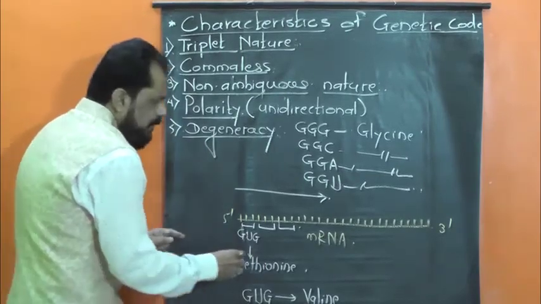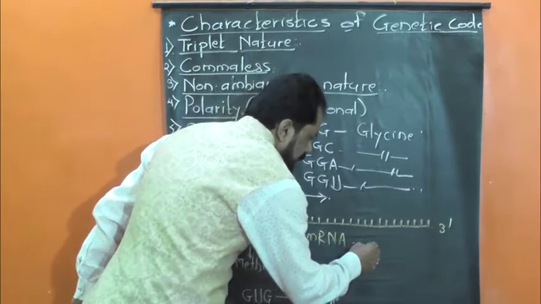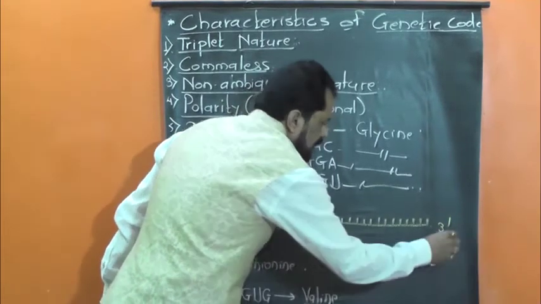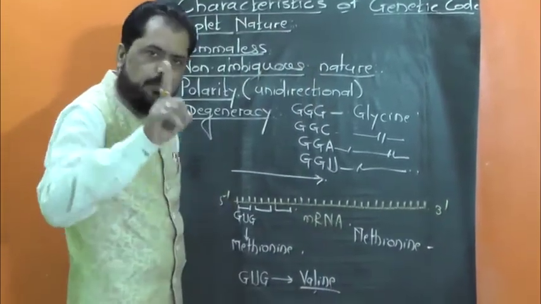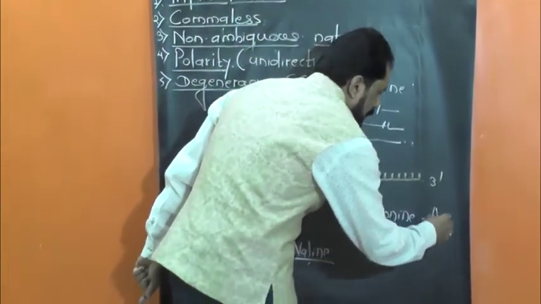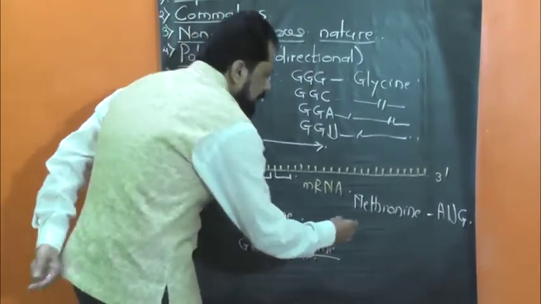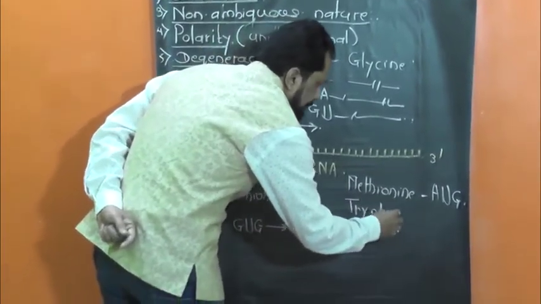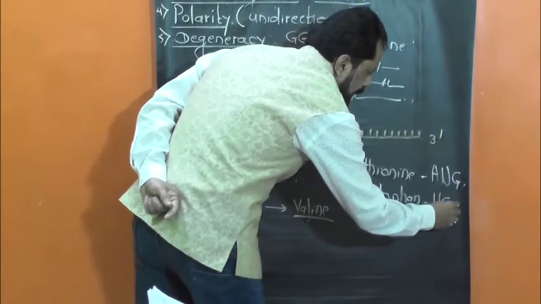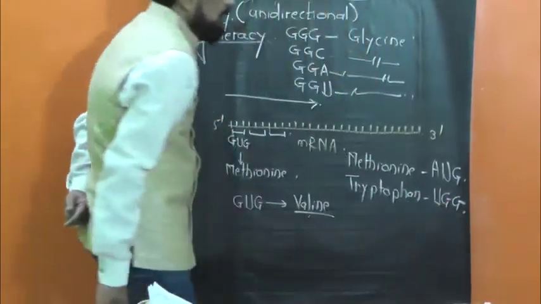Exceptional. Amino acid methionine is coded by only single codon AUG, while amino acid tryptophan is coded by codon UGG.